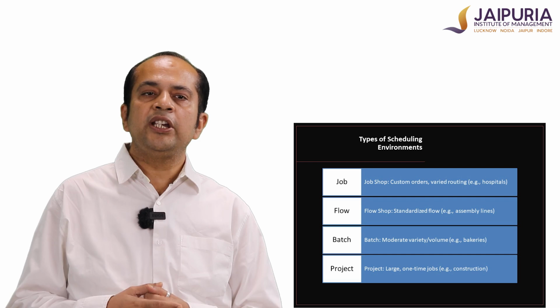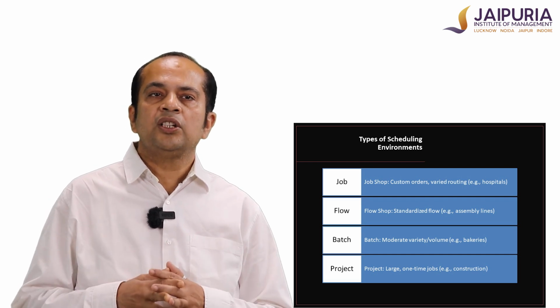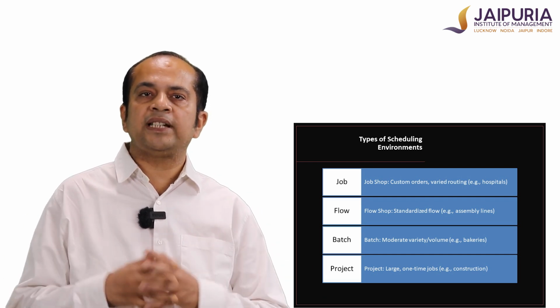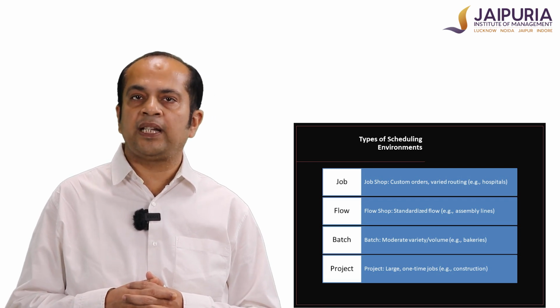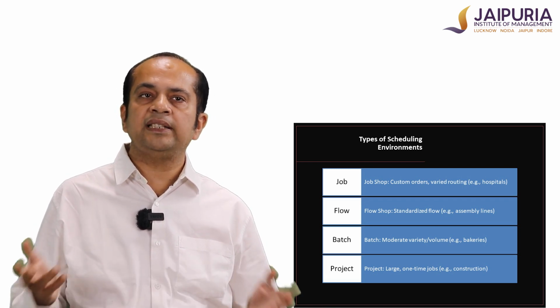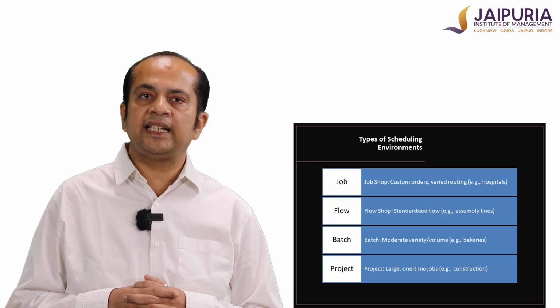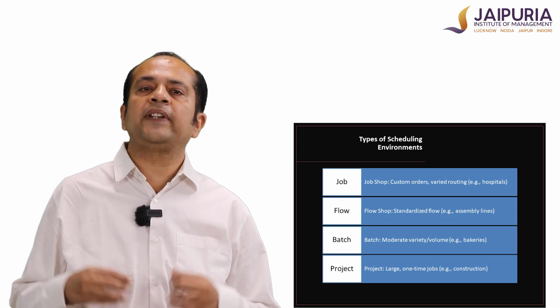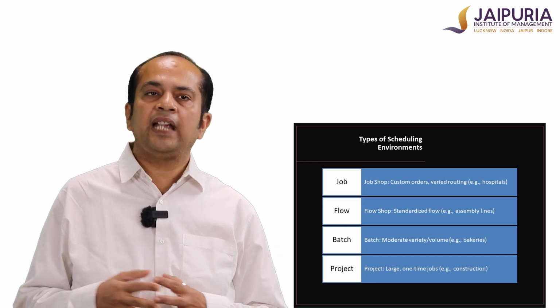Now we would like to discuss the different types of scheduling environments. Different environments like manufacturing plants, hospitals, airlines, or service centers might have unique needs and challenges. Therefore, they might require different scheduling approaches.